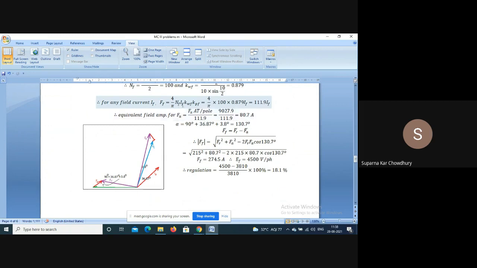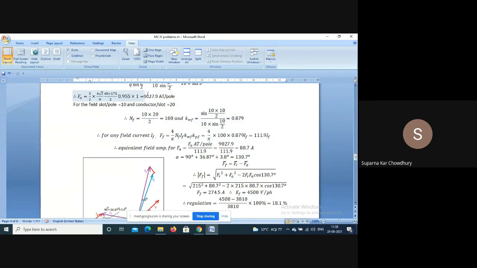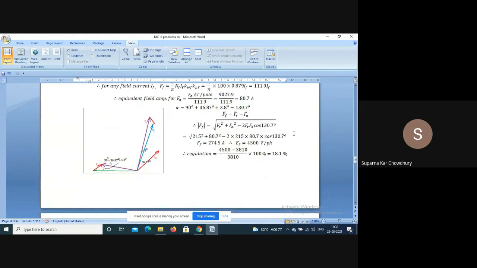So NF, KWf, and KPf, again KPf we consider 1. This gives an expression of 1.119 IF, where IF is unknown. So the armature reaction we have calculated, in terms of the field current, the equivalent field current will be FA divided by 1.119. So the equivalent field current value is 80.7 ampere.